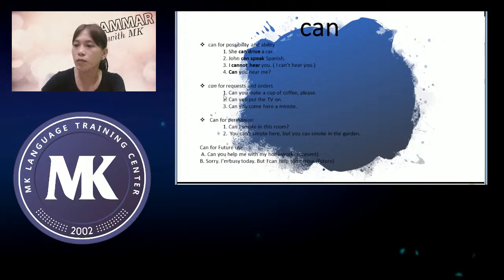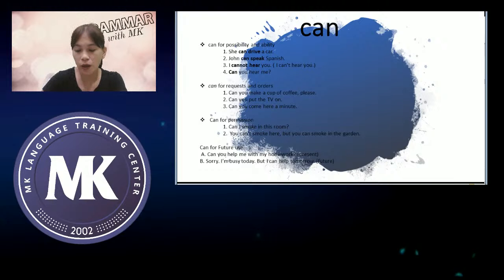Next we have can for requests and orders. This is similar to when you form a question, but this is not really a question. We usually use this to ask someone to do something.